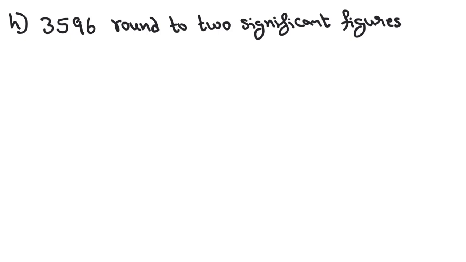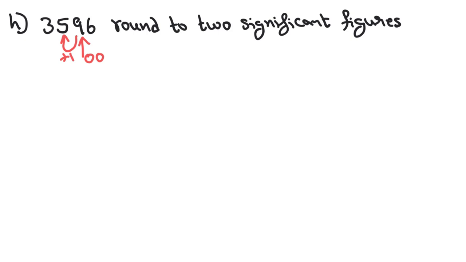3,596, round to 2 significant figures. Okay. This is our first significant figure, our second significant figure, and we are supposed to round to 2 significant figures, so we have to stop here. So where do we look now? We look at the third significant figure, which is 9. And 9 is more than 5. So what do we do? We give 1 to the 5 and change the other ones to zeros, because this is a whole number.